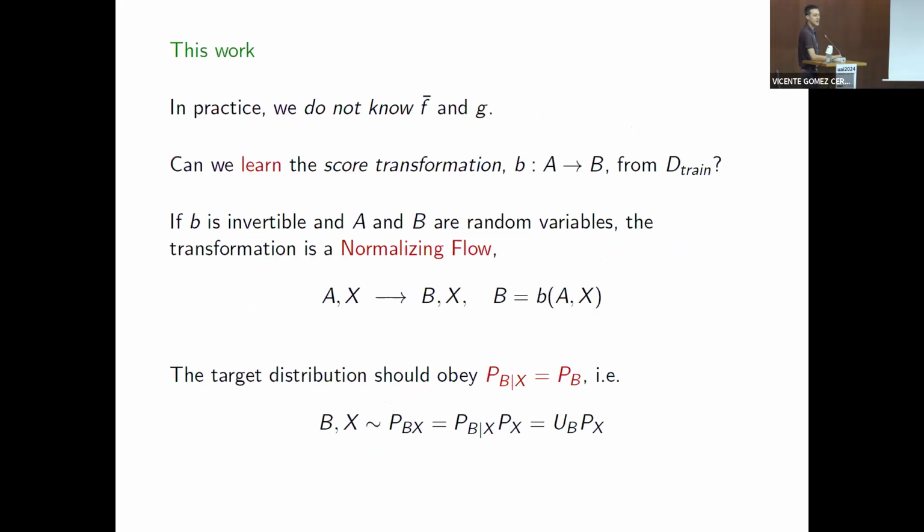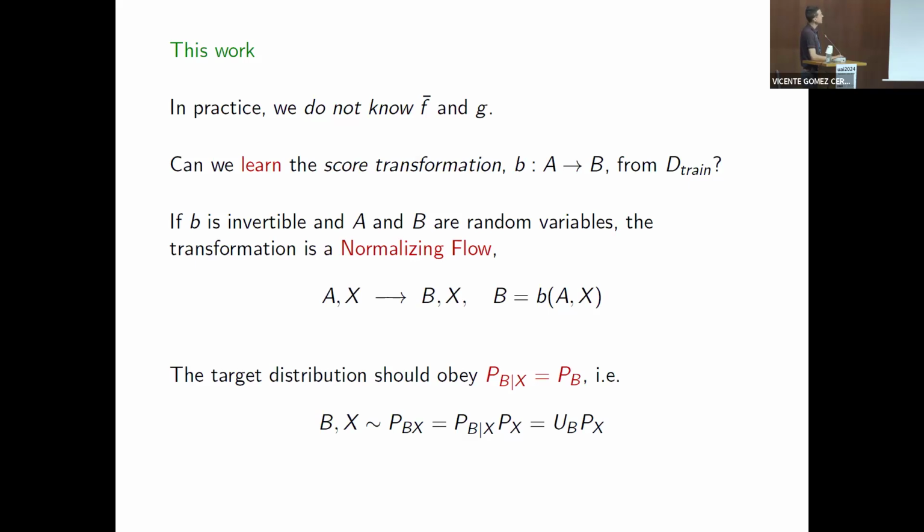Can we generalize this? And what can we do if we don't know the true model? Let's learn this transformation of the conformity score from the data, and this is what I propose to do here.